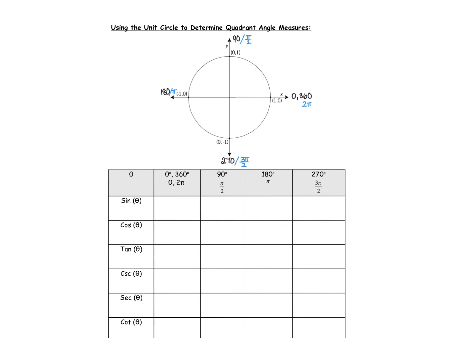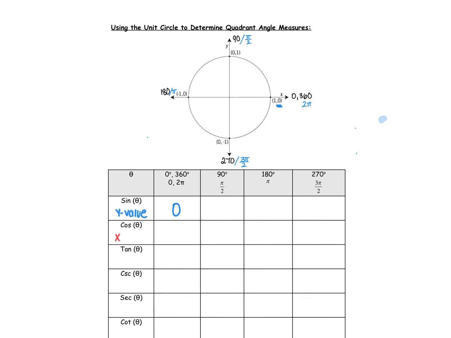So sine. We know that sine is the y value, so we can go ahead and label that as the y value. If I want sine of 0 or 360 or 0 or 2 pi, all I'm going to do is look at the y value at that angle measurement. So if this is the angle, we're going to look here at the point and at the y value. The y value is 0. Then we're going to do the same thing for cos.